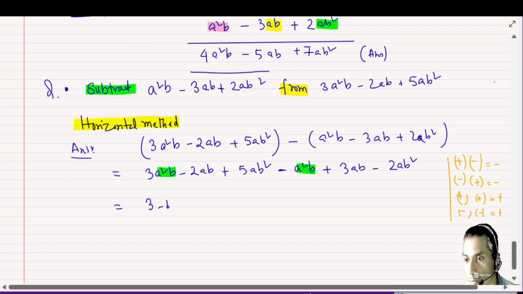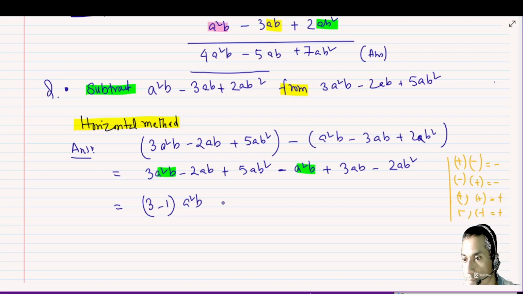So 3 minus 1 a square b. You just separate the constant and variable. Then you follow the same method for the ab also. But here you must keep the plus, and whatever minus sign you have, keep inside the bracket.